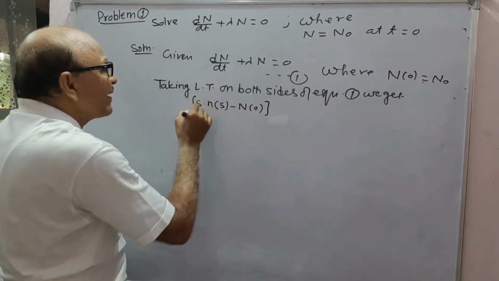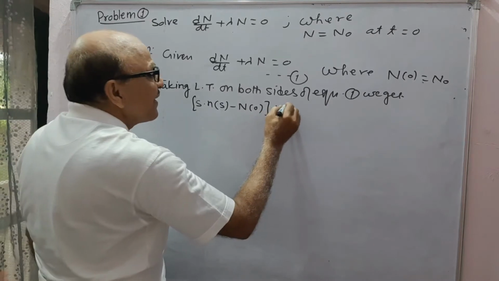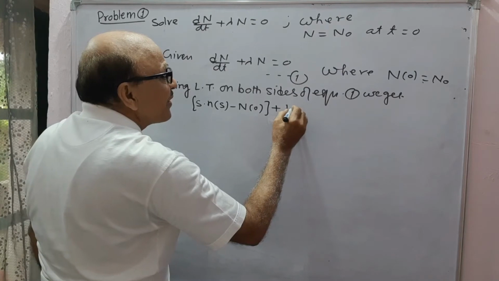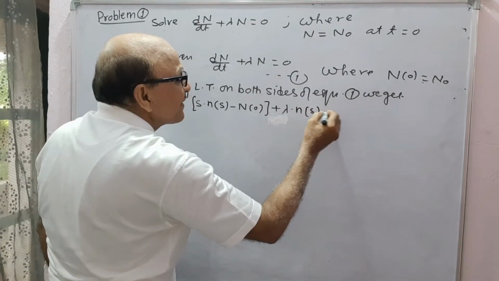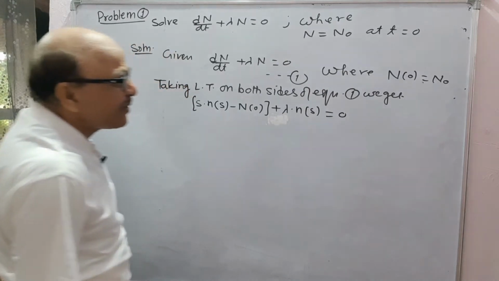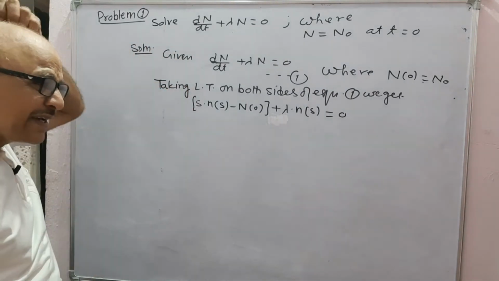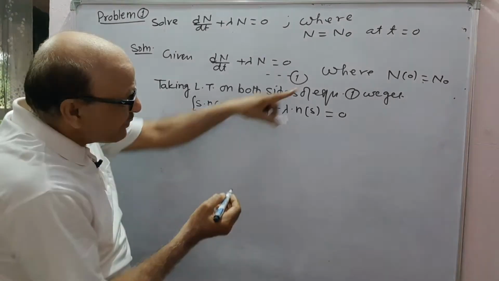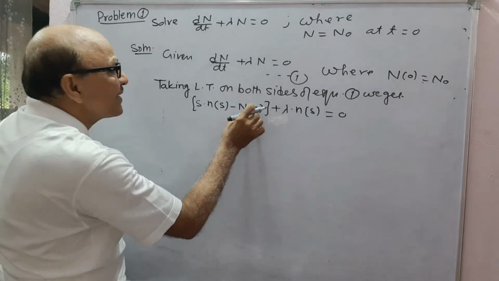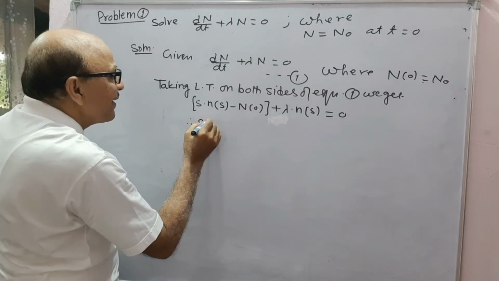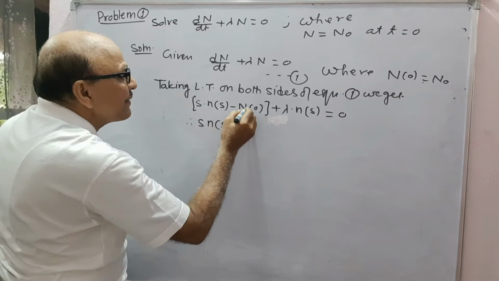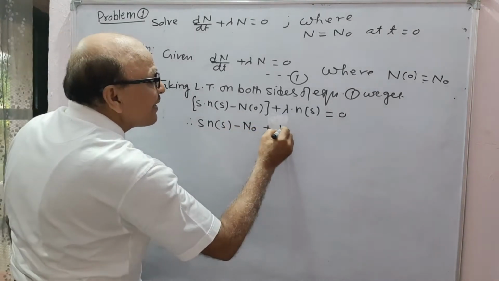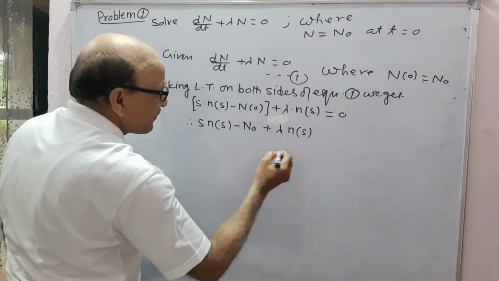This is the Laplace transform of this one plus lambda, which is a constant, and its Laplace transform will be n s. The Laplace transform of 0 is 0, constant upon s means 0 upon s. Now apply the initial condition, means replace this with n naught: minus n naught plus lambda ns is equal to 0.